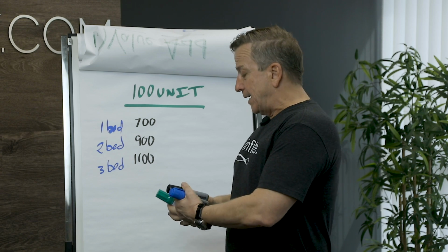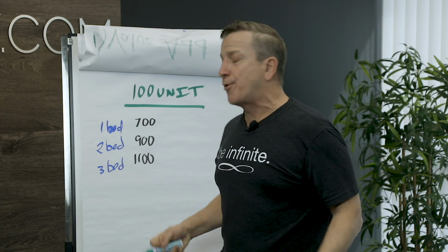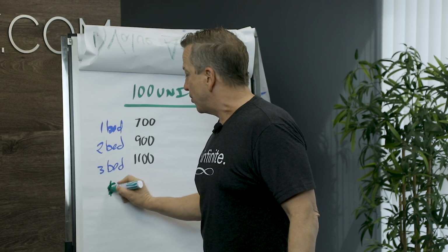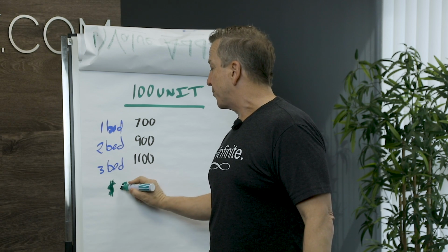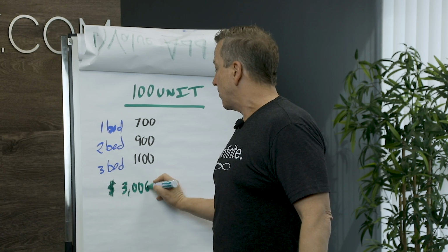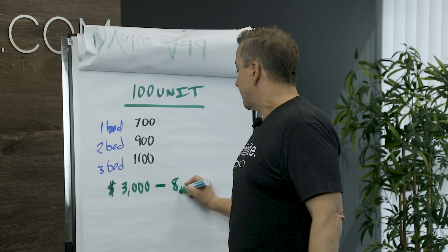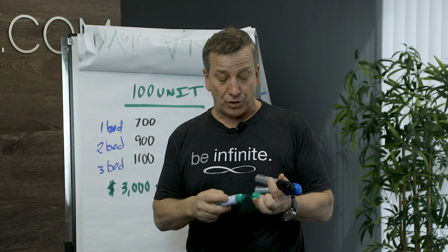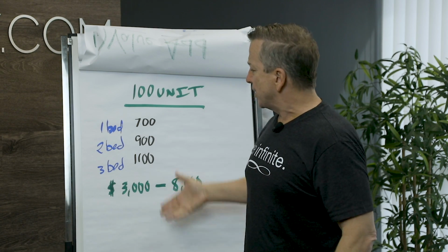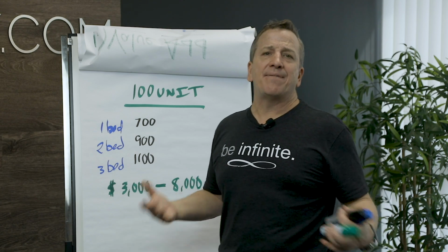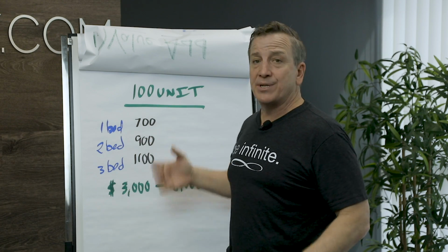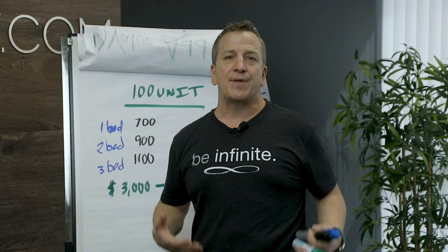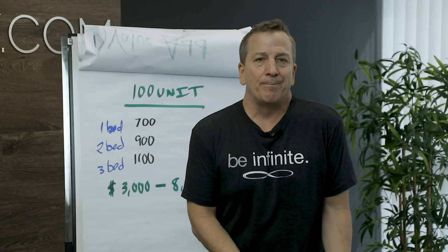But what we might spend on a property like this could be anywhere from $3,000 to $8,000 on the insides of all of these units. So let's just say it's $5,000. It's 100 units, so that's a $500,000 remodel.